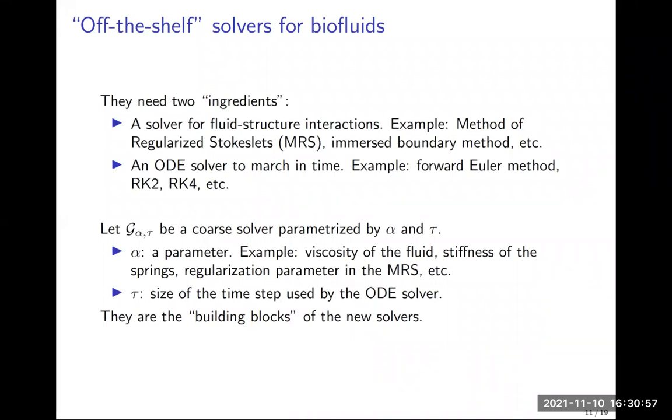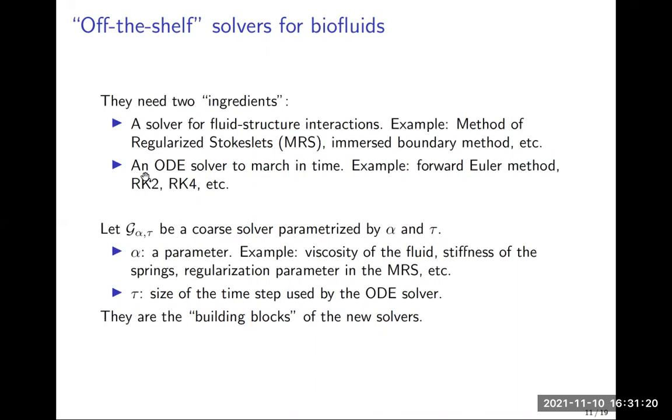For example, viscosity of the fluid, stiffness of the springs. Remember, I said earlier that these structures are flexible. So usually we model them using a network of springs, or even the regularization parameter in the method of regularized Stokeslets.